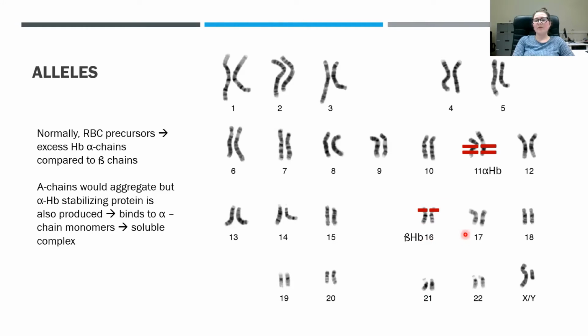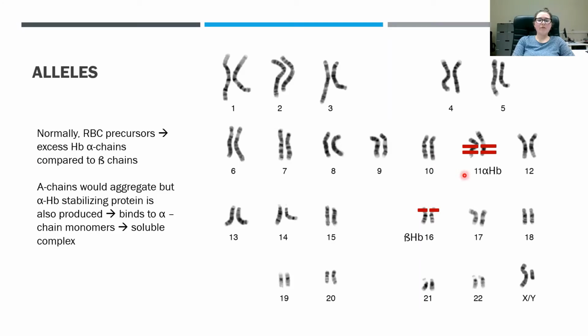And you may expect that we will have an excessive amount of alpha hemoglobin chains because they are coded by 4 alleles on one chromosome, whereas beta hemoglobin chains have only 2 alleles of the maternal and paternal chromosomes. So how do we go around that?